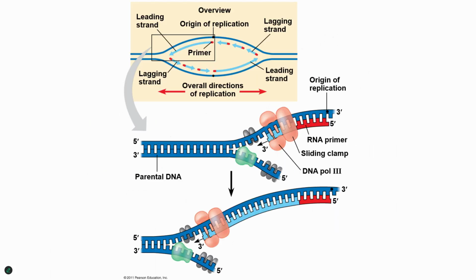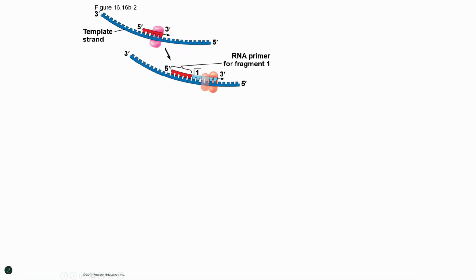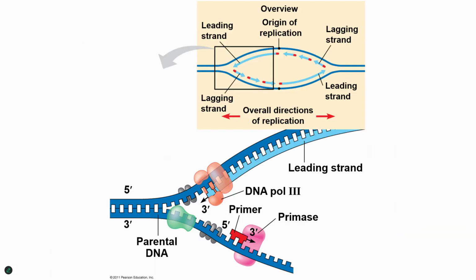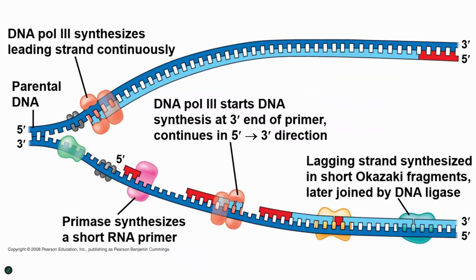Okay, so if we look at the leading strand versus the lagging strand, let's take a look at this diagram here. The top strand here is going to be your leading strand. So the red is your primer. And then your DNA polymerase will add one nucleotide after another continuously as the molecule unzips.